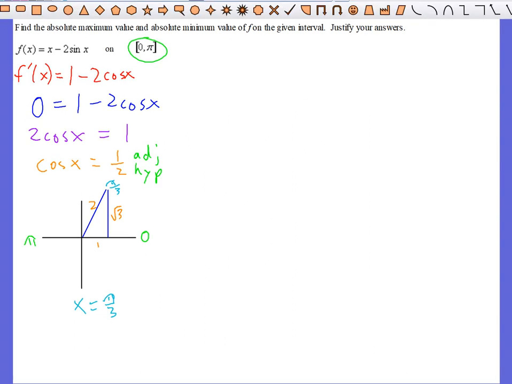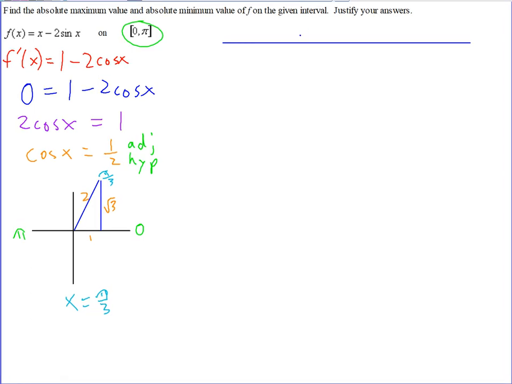Draw our number line now. So we've got pi over 3, and 0 to pi. And f prime of x, pi over 3 makes the first derivative 0.